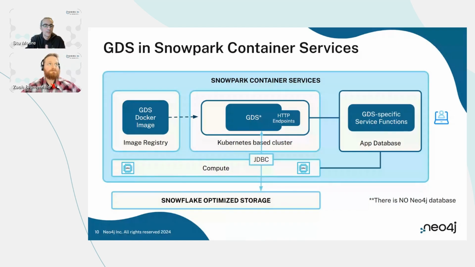We deploy in and create an application database which contains all the service functions for each of the algorithms, the commands to stop and start and create sessions. And they map to HTTP endpoints within the container running on Kubernetes.